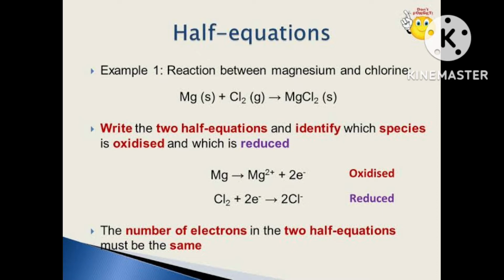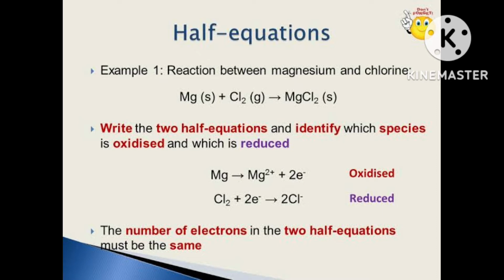So you see that Zn has lost 2 electrons, and the copper ion has taken 2 electrons. Correct? One lost 2, the other got 2. That's why the coefficients will be 1, 1 only. No 2, no 3, just 1, 1. Whether you write it or not depends on you.